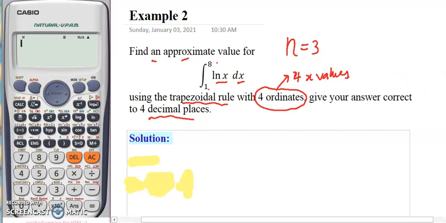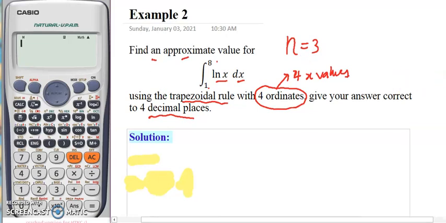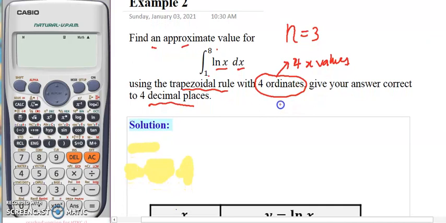By applying trapezoidal rules, what I need to get ready is the corresponding value of h, where h is the upper bound of the integral minus the lower bound, divided by the number of strips of the trapezium that we're going to use.